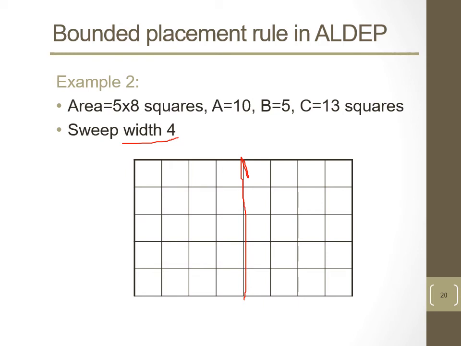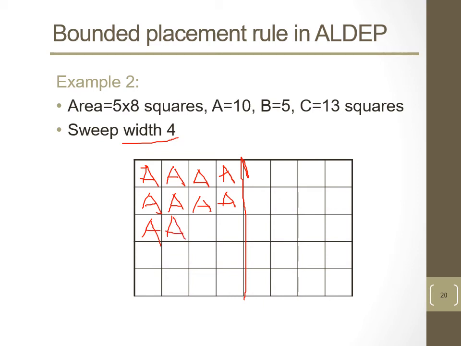So this is the first lane. We will start from this corner and place 10 A's. So this one A, then another A, third, fourth, 5, 6, 7, 8, 9, and 10.